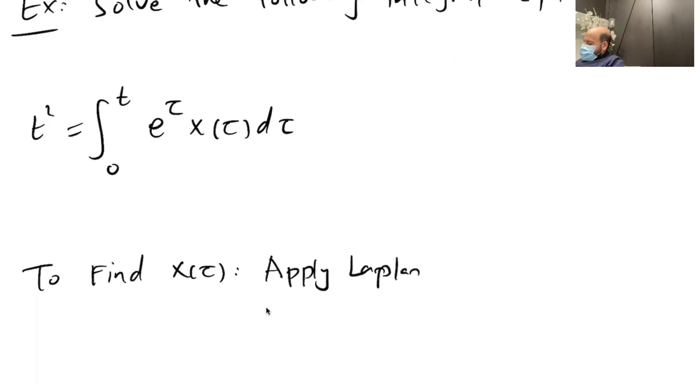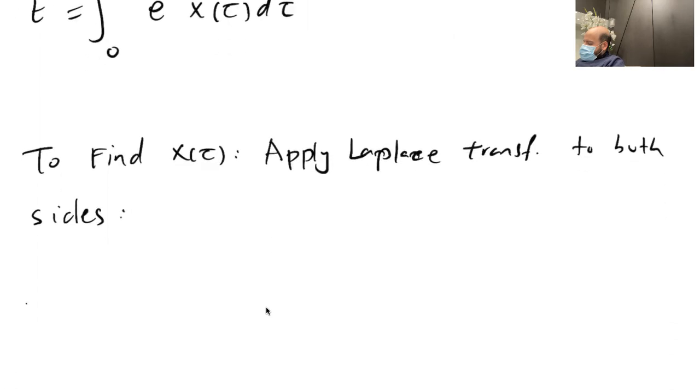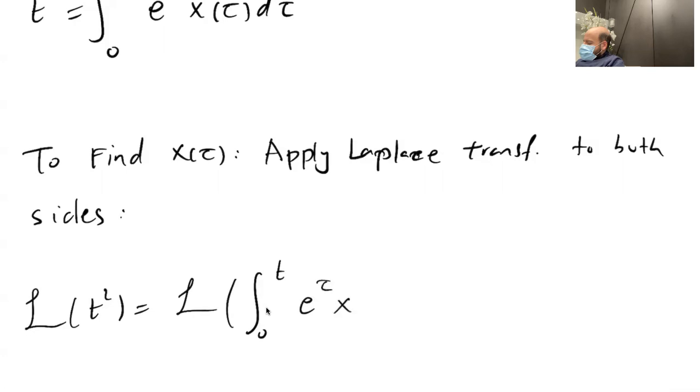to both sides of this equation. Then what do we get? We get the Laplace transform of t squared equals the Laplace transform of the integral from 0 to t of e to the power tau x of tau d tau.